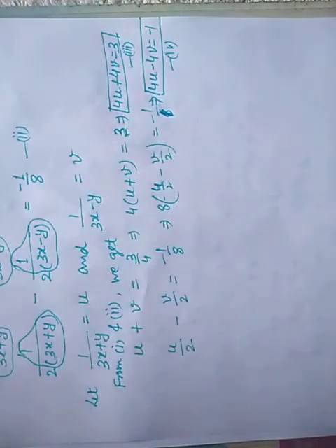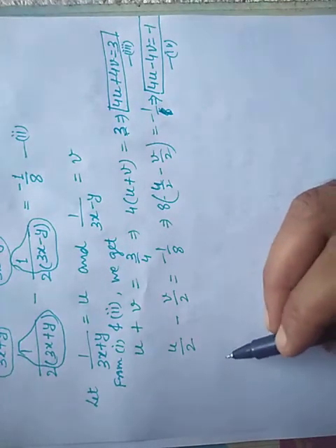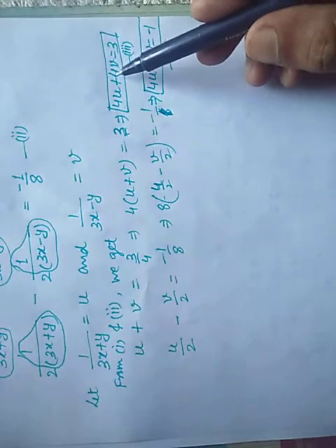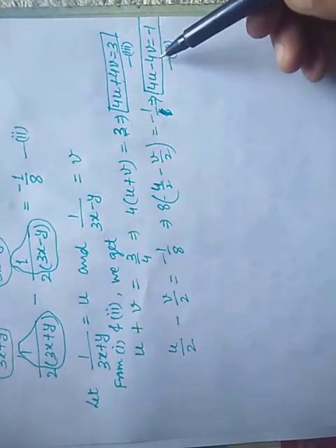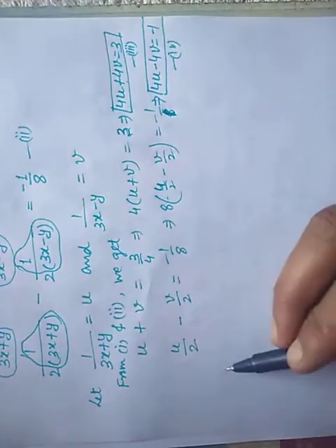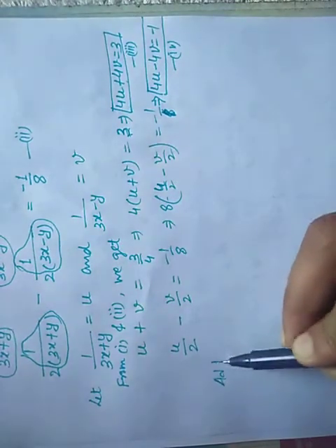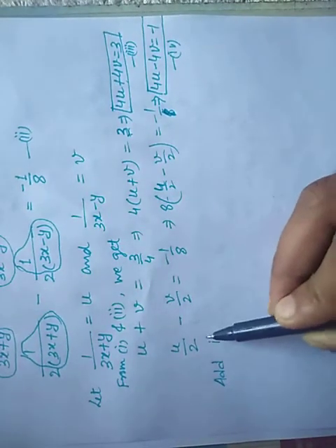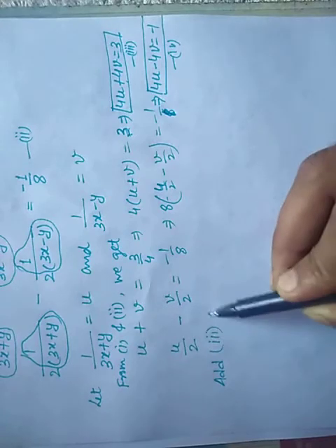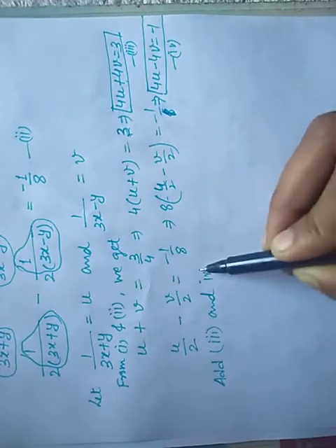Okay, so now we have to solve equation 3rd and 4th. Because it is here 4v of plus and 4v of minus, so we can simply add them, adding 3rd and 4th.